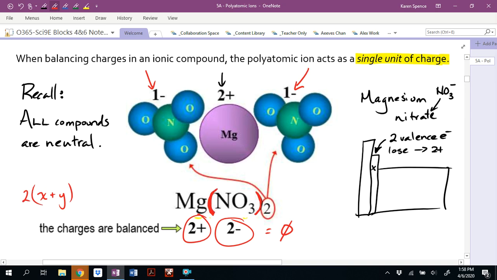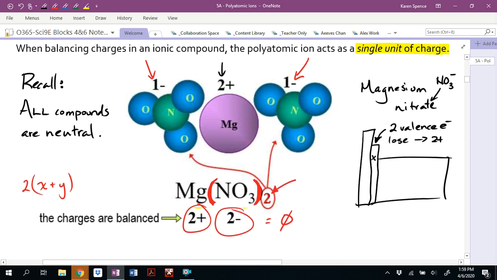We put the brackets around our polyatomic ion, and then we put another subscript on the outside to show that we have 2 nitrates.